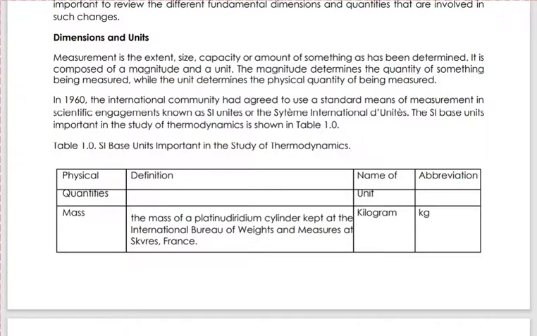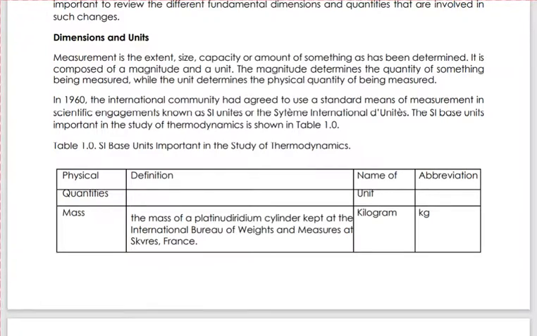Prior to this year, our ancestors were using different types of measurement standards, or there were different units of measurement in different places. If you remember, before, our ancestors' units of measurement were based on the human body.